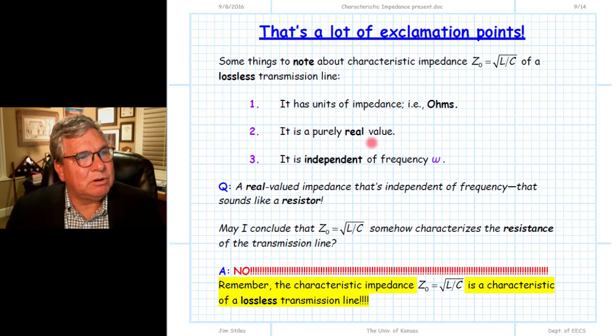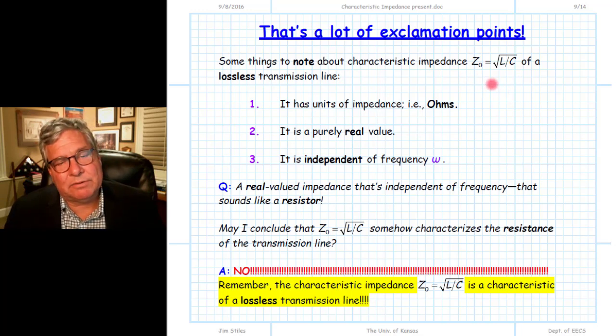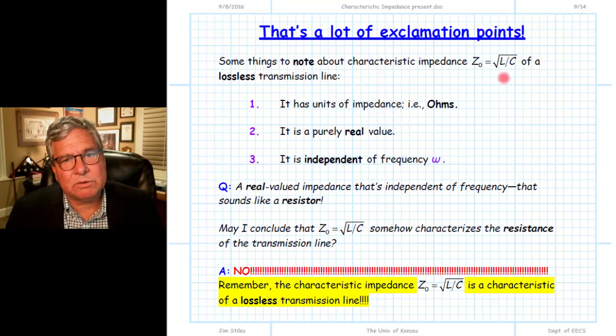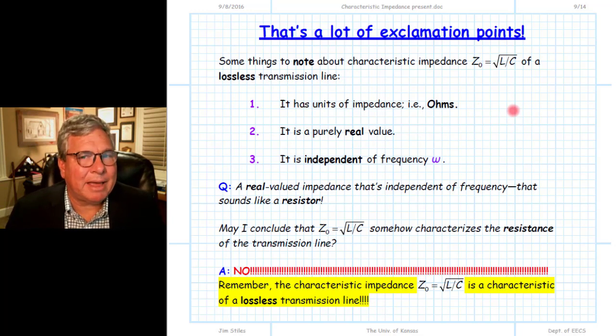It is a purely real value, the square root of L over C. L and C are real values, so the square root of L over C is a real value. Now, again, this is true only to the extent that we have a lossless transmission line. Again, we're applying the lossless approximation here, where effectively we're saying the resistance and conductance R and G are equal to 0. Again, they're not really equal to 0, but they're so small that we are mathematically setting them to 0.